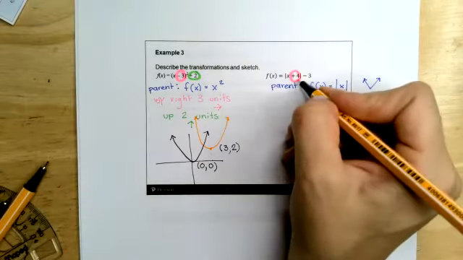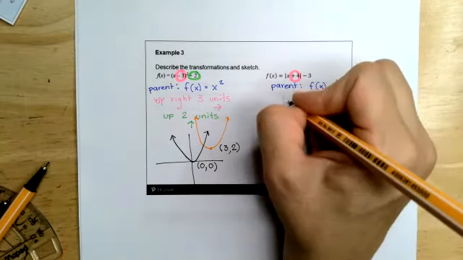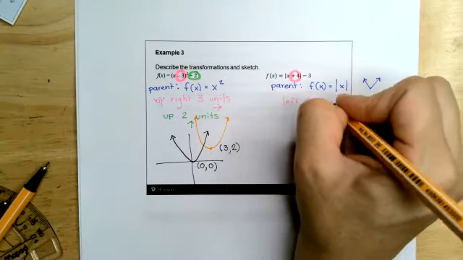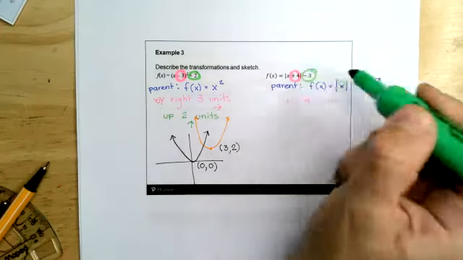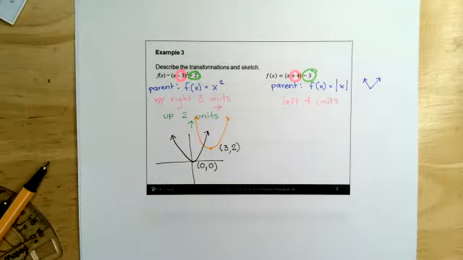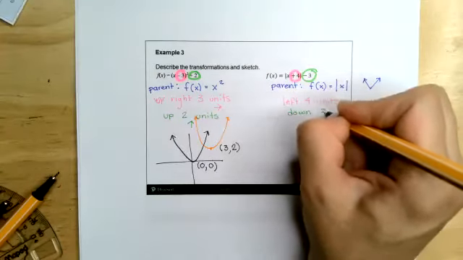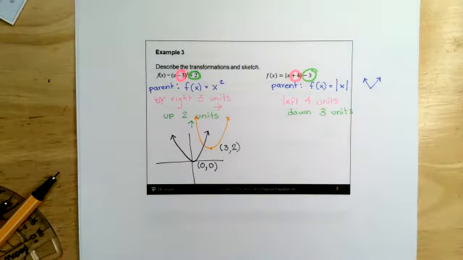So +4 would mean right on the x-axis, but the opposite is left on the x-axis. And then that -3 is outside the grouping symbols, so that is related to the y-axis. We're going down 3 units for every point on that graph.